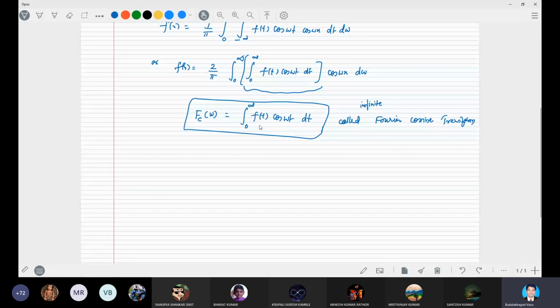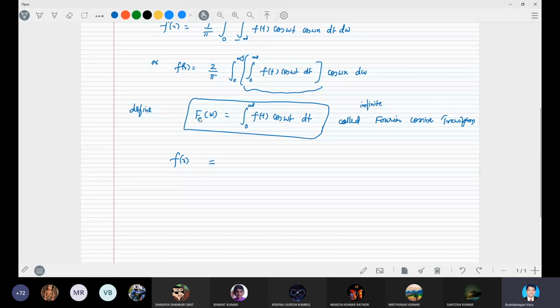So if we define this part, integral 0 to infinity of f(t) cos(omega t) dt, as a function of omega, that is called the Fourier cosine transform. That's why it is distinguished as Fc(omega).